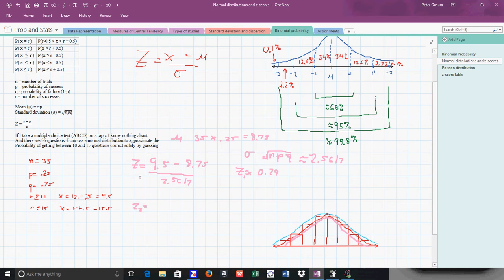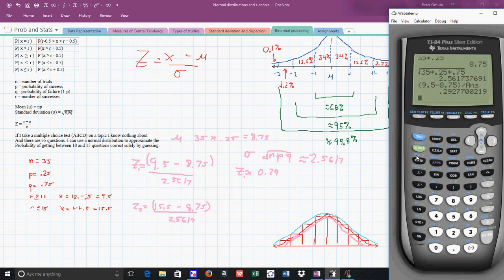My second z-score is going to be, let's say, 15.5. Should probably put in parentheses. Minus my mean, which was 8.75, divided by my standard deviation, which we found was 2.5617 approximately.